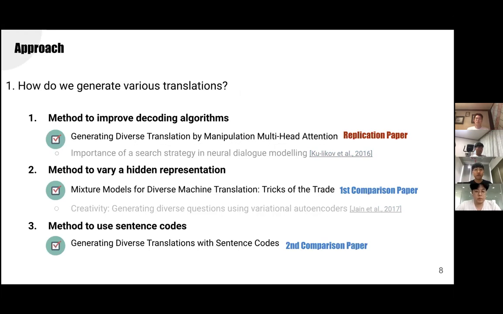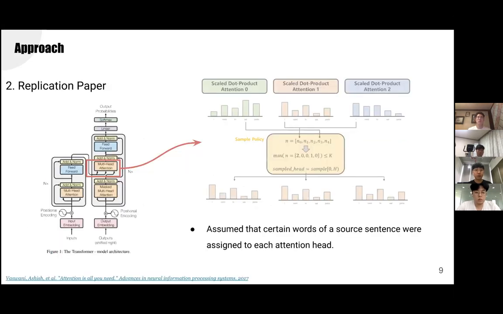We can also try various experiments because this method minimizes model training costs and changes only the decoding algorithm. Thus, we picked this paper as our application and picked two papers representing the other two methods as our comparison papers. Now, let me explain briefly our application paper.